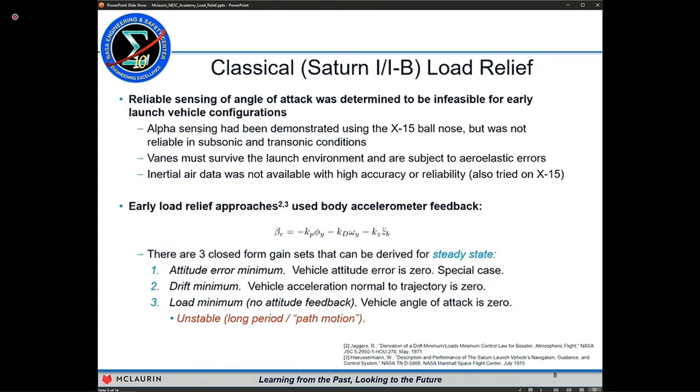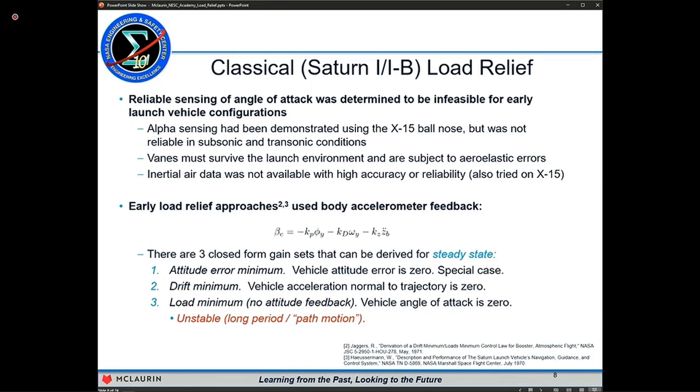There was a lot of work done in the late 1950s, early 1960s in load relief schemes. I think the place it was first looked at very seriously was by several control design researchers at NASA Marshall Space Flight Center, Holker, Walter Hauserman, and so on, with application to Saturn I and Saturn IB.